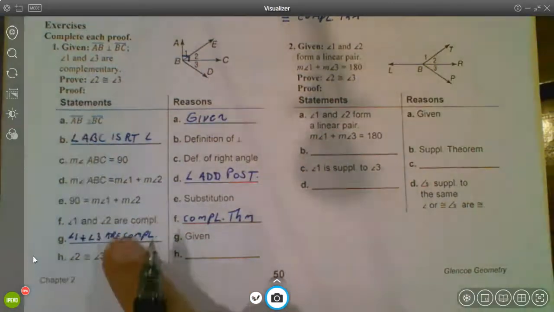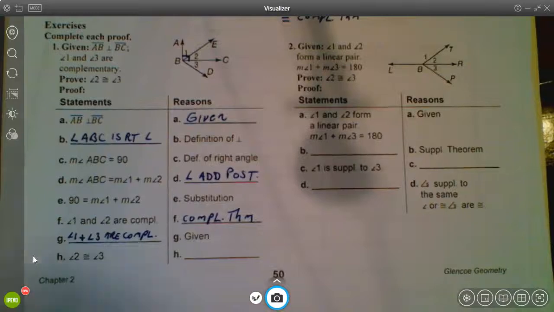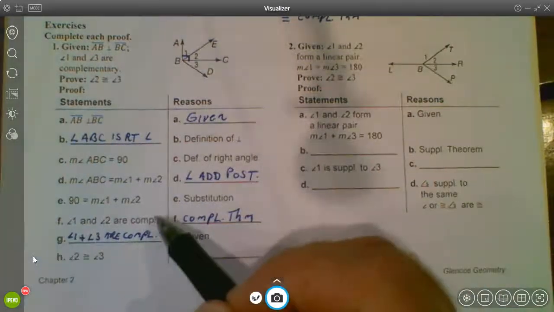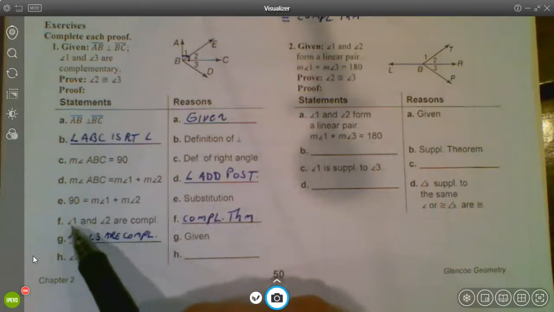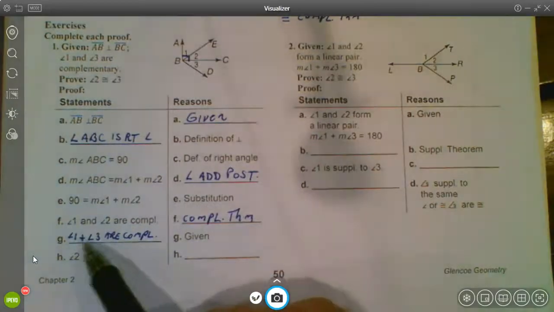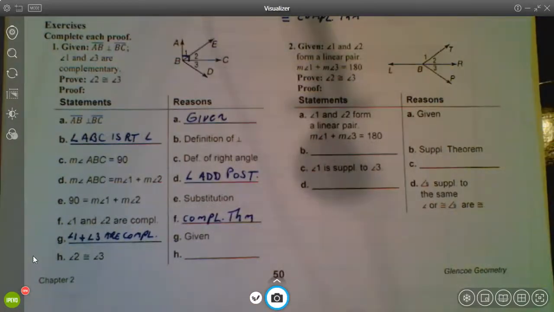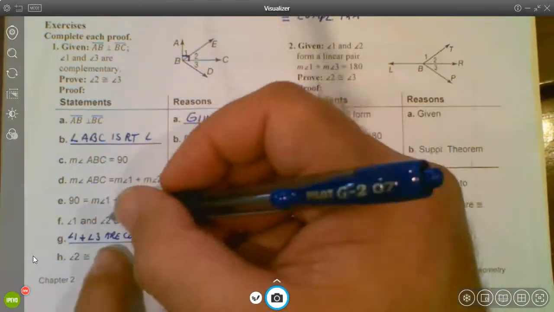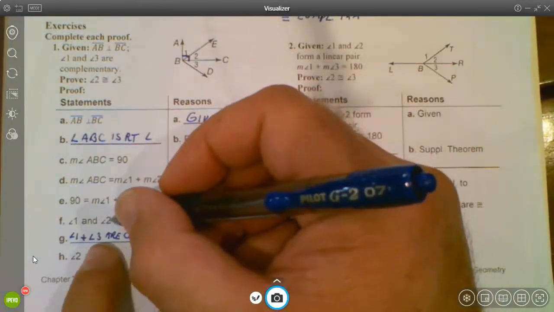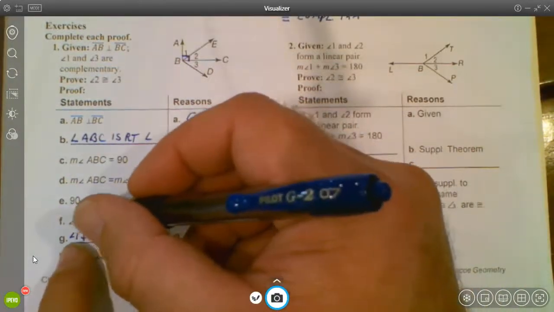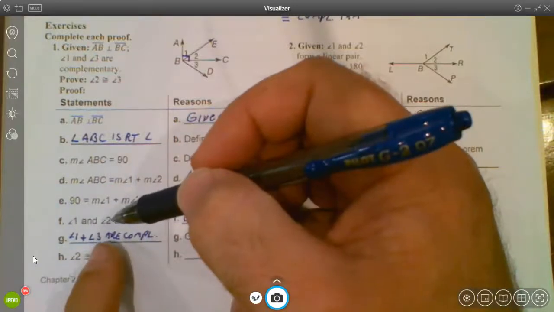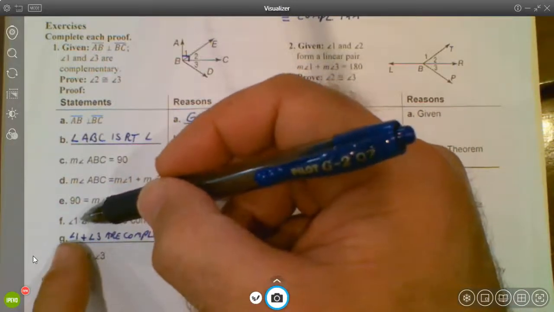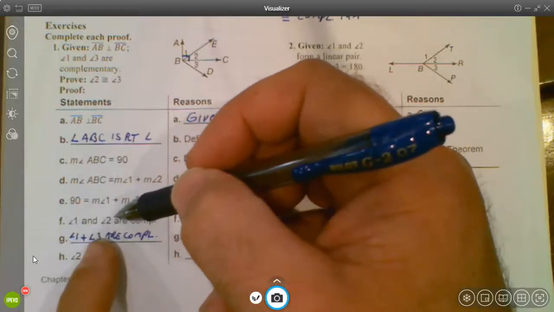We already talked about this being given. Here's one of the new ones that we saw just a little bit ago up above. Notice the word complementary, right? Angles 1 and 2 are complementary. Angles 1 and 3 are complementary. So what allows us to say 2 and 3 are the same? This is that new one from up above: if these two angles are both complementary to the same angle, they must equal each other, right?